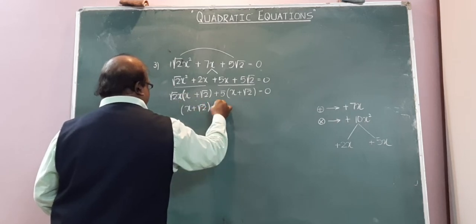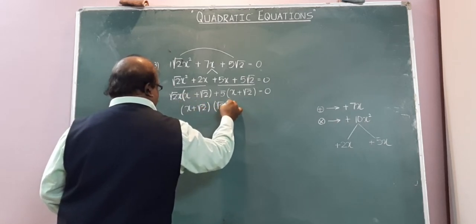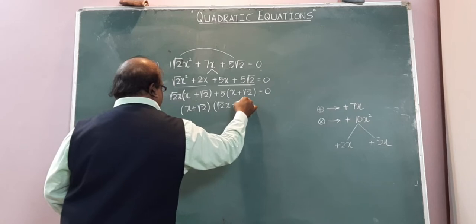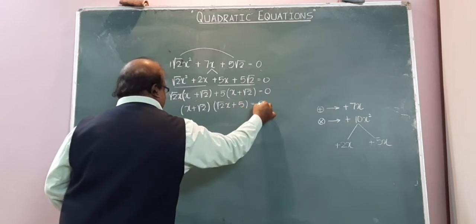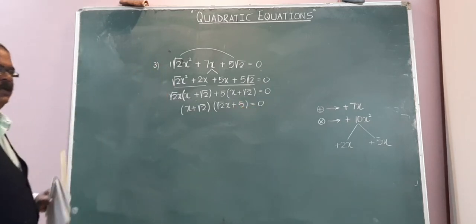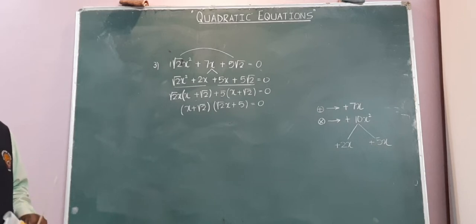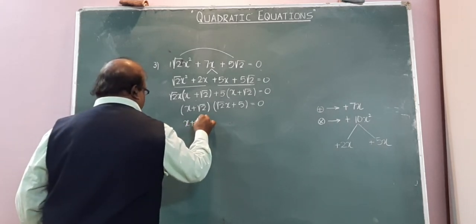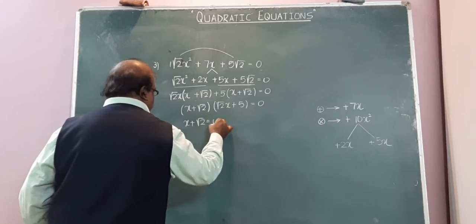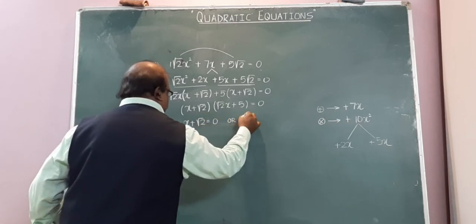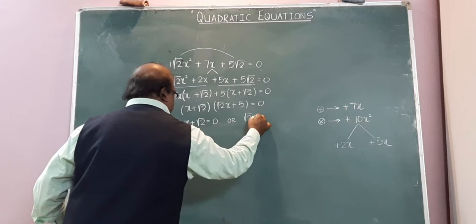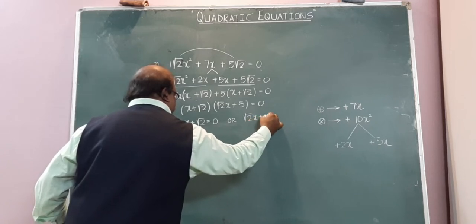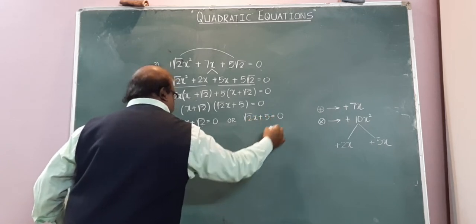Second bracket, root 2x plus 5 is equal to 0. Now let's equate the two factors to 0. Either x plus root 2 is equal to 0 or root 2 into x plus 5 is equal to 0.